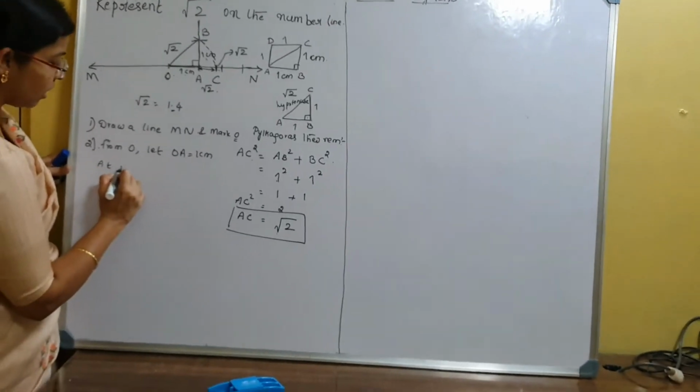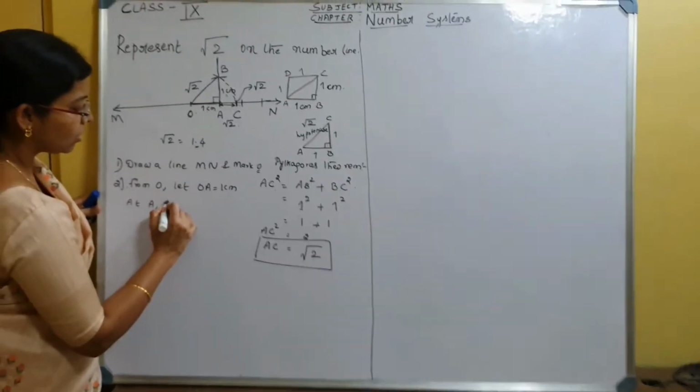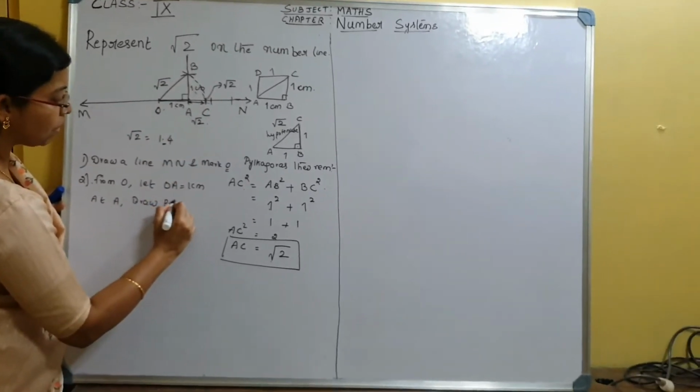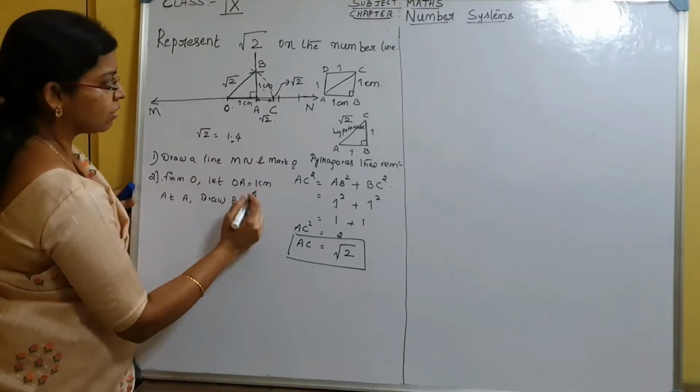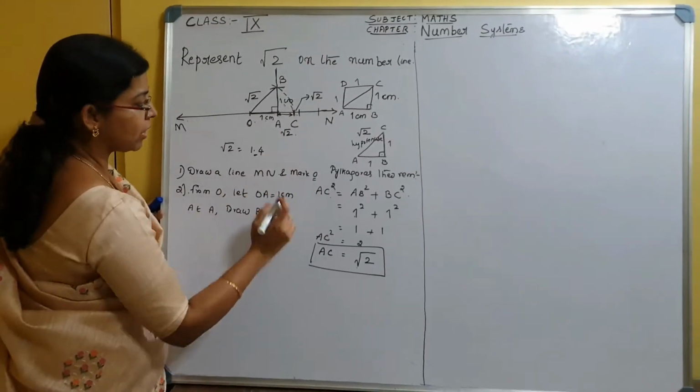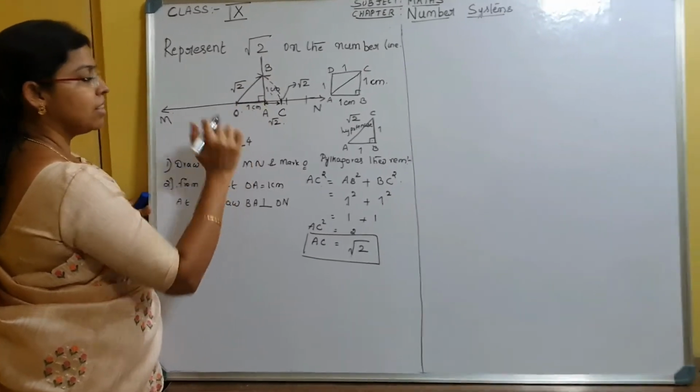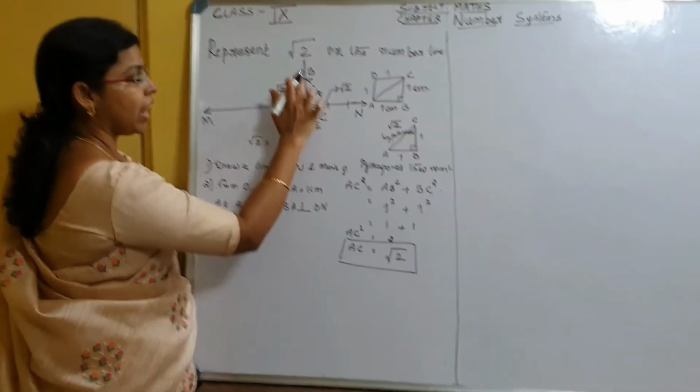At A, we will draw a perpendicular line, that is BA, perpendicular to OC on ON. So this is the perpendicular line. We have OA and B.